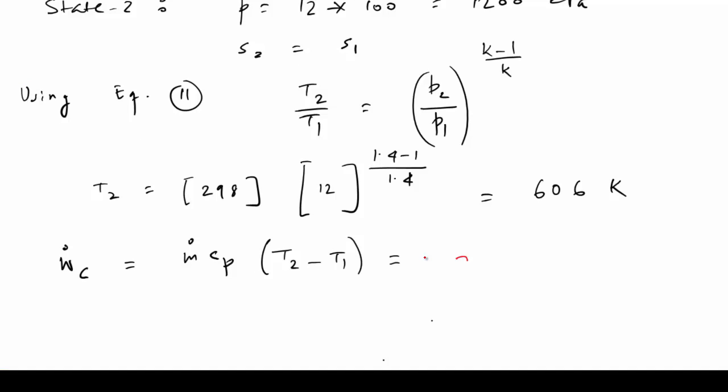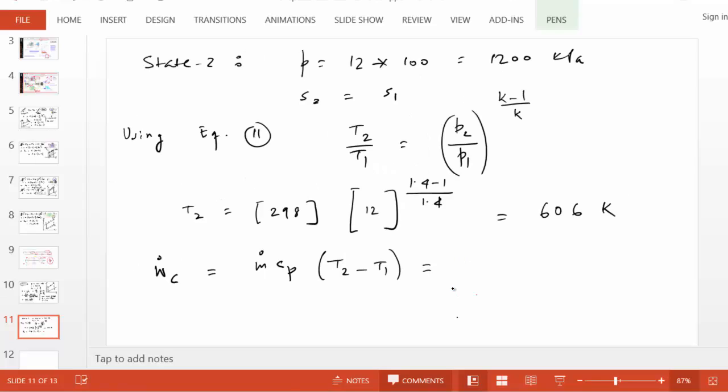So if we substitute the values 9.35, 1.005, 606, 298, the compressor work turns out to be 2895 kilowatt. Okay, let's move on.